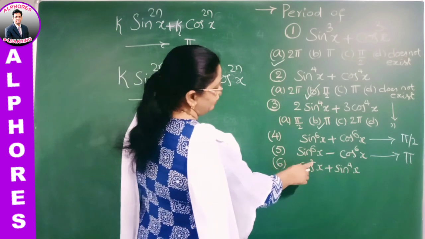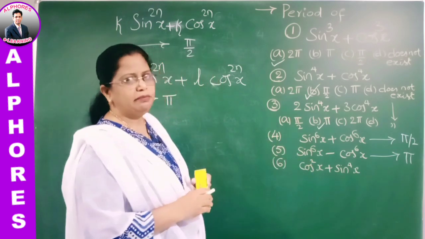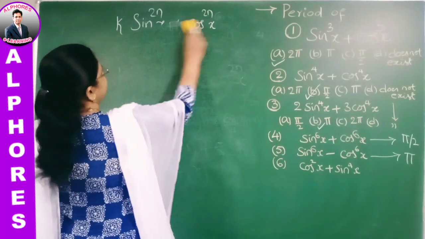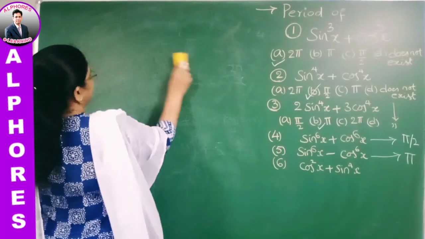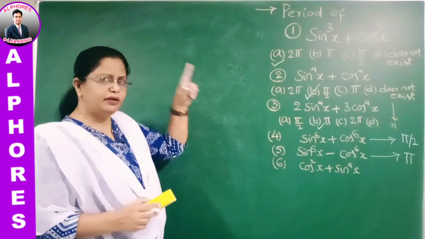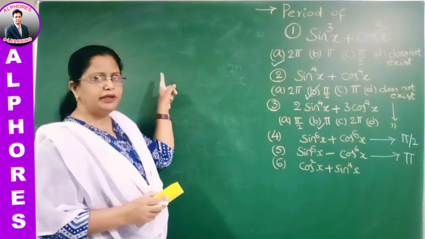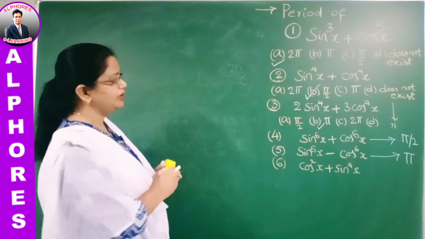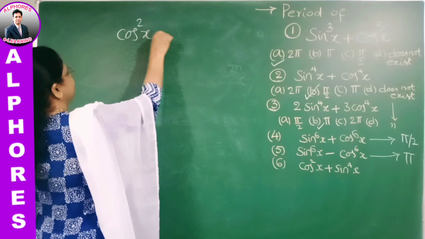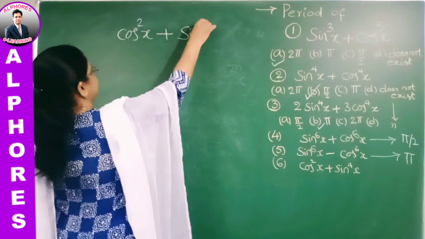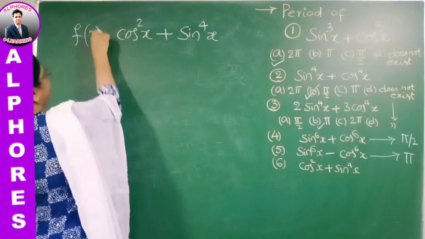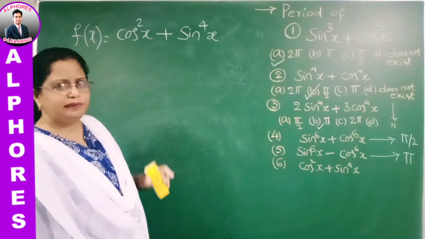And this problem: cos square x plus sin power 4x. It is one of the standard problems, students; you have to remember this problem. All of you know this problem very well. We actually did it in the concept of trigonometric ratios and identities. Cos square x plus sin power 4x is one of the special functions, call it f of x. Now I want to find the period of this function.